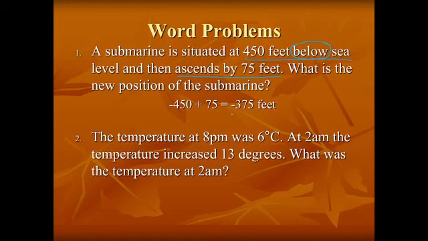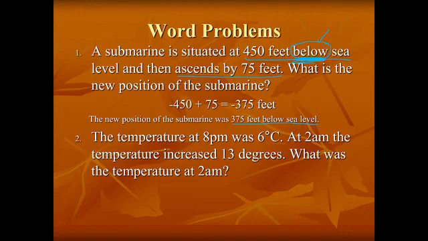But we don't answer the problem like this. Let's interpret it. What does negative 375 feet mean? So, what is the answer? The location of the submarine is 375 feet below sea level. There you go.